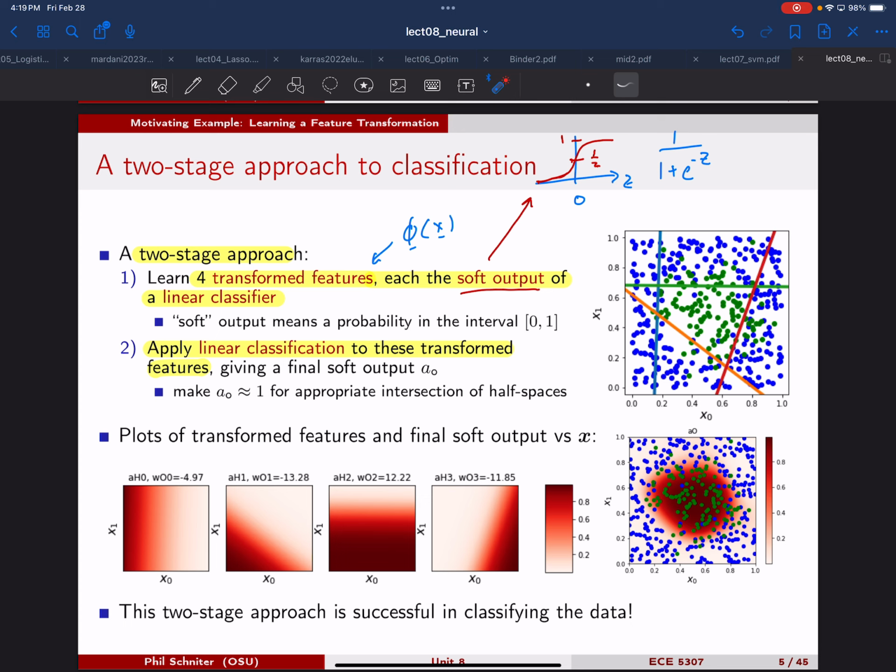Those final outputs are a function of the weights and biases used in the second stage, but also all the weights and biases used for those first classifiers in the first stage. So basically, everything is being designed all together to minimize the cross-entropy loss at the end. That's a great question.